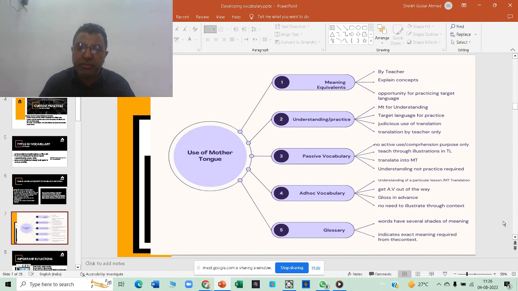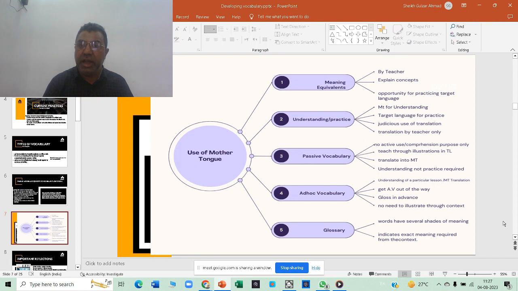I am giving more emphasis on this point: जब आप English class में English पढ़ा रहे हो, your target language is teaching of English. Your students should be able to listen in English, speak in English, write in English, and read in English.